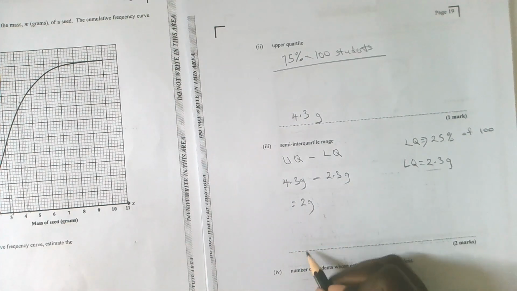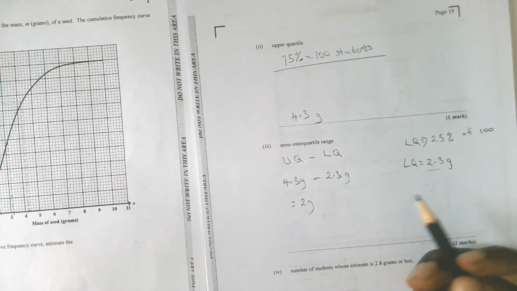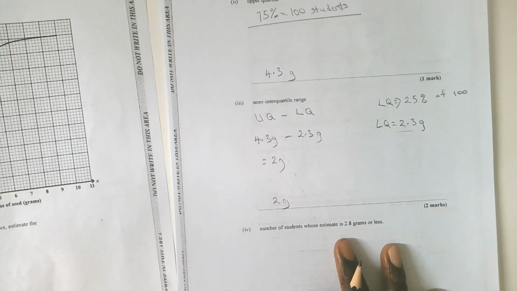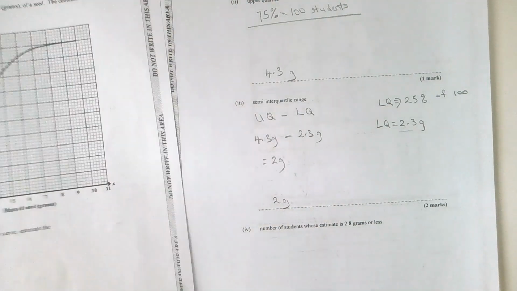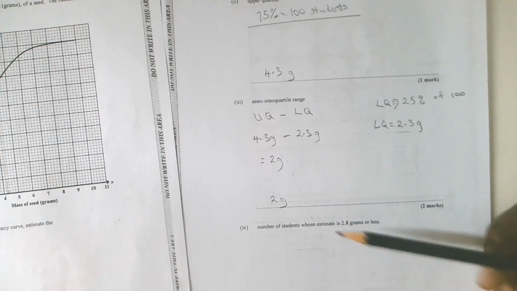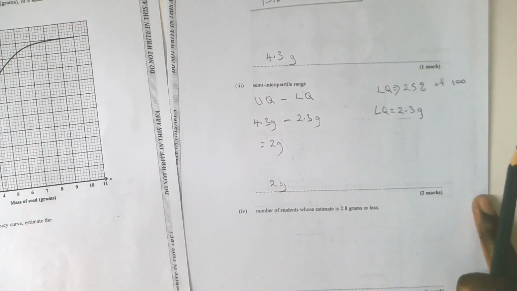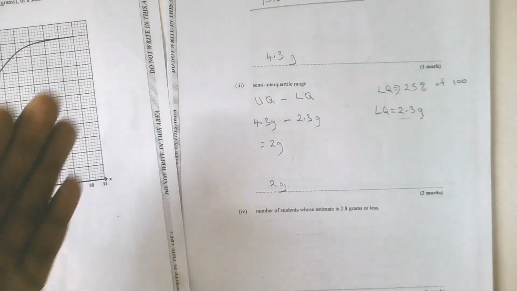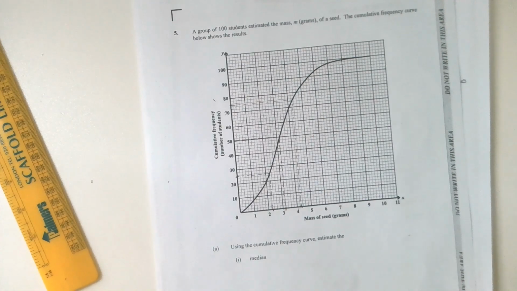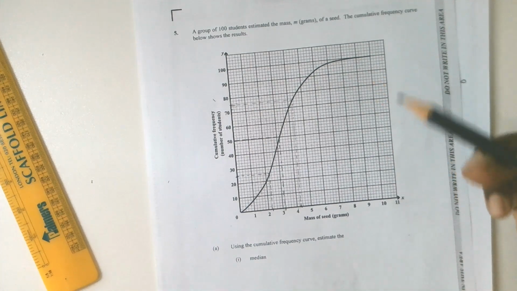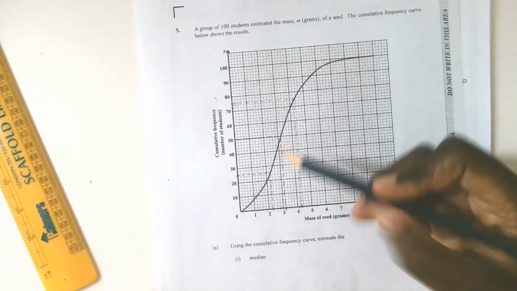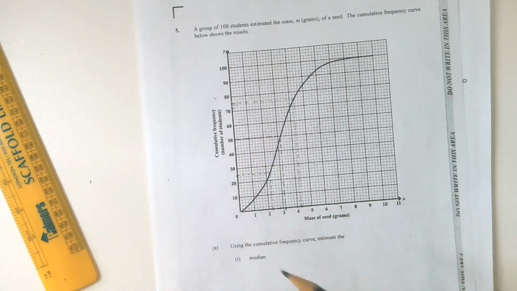So our semi-interquartile range is 2 grams. And then moving on, it asks the number of students whose estimate is 2.8 grams or less. Going back to our graph, we need to find where 2.8 gram is. 2.8 gram is going to be here. So we need to now do the reverse of what we've been doing.